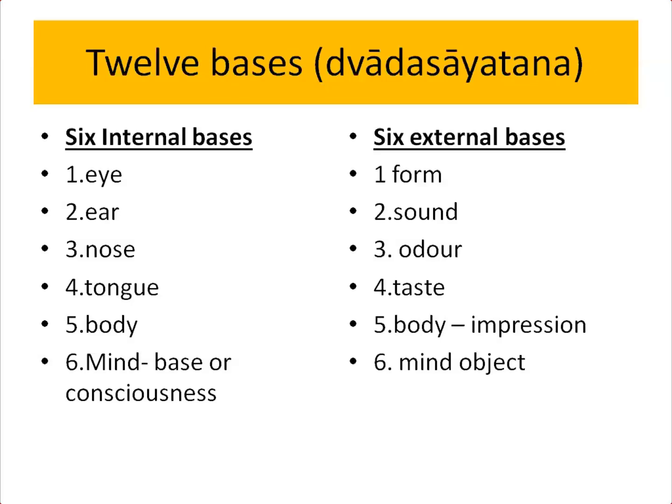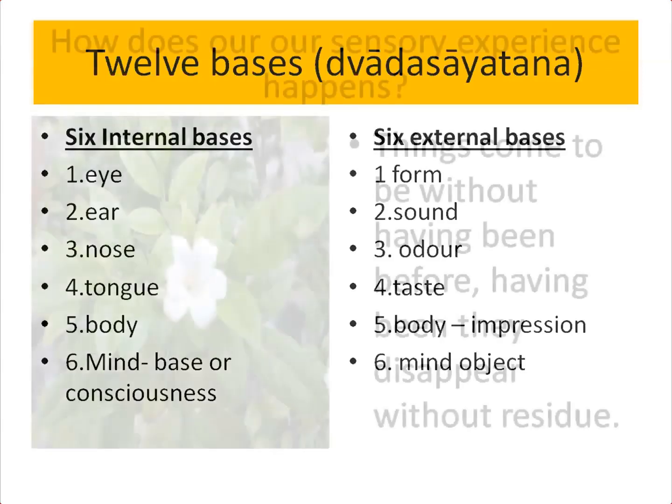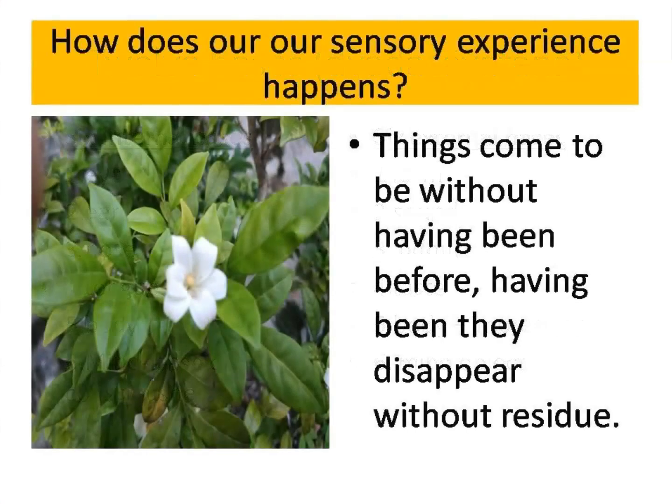This also we have to understand not as a mantra. Mantra means we do not know the meaning, but just recite. We have to go to the sensory experience level. When we see things, these things actually appear in front of our eye without having been there before.